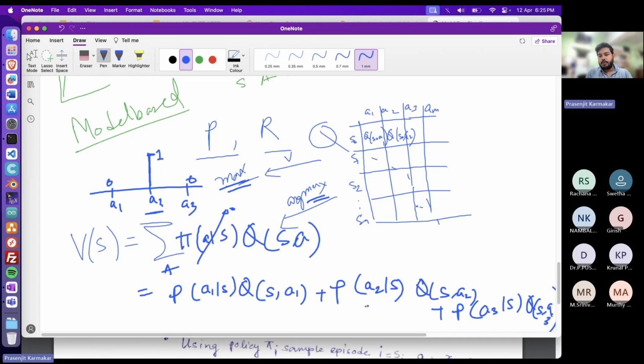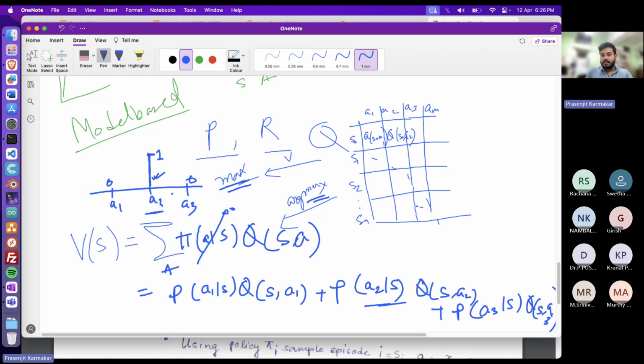Now, because I have taken the argmax, only one action has the total probability. It's not fractional, like 0.8 for a2 and 0.1 each for a1 and a3.